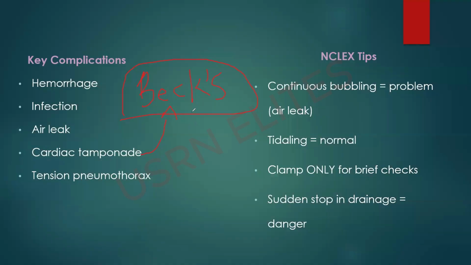So that is it. And what's the last one? We've made mention of hypotension, which everybody knows is low blood pressure. The last one is the distended neck vein.